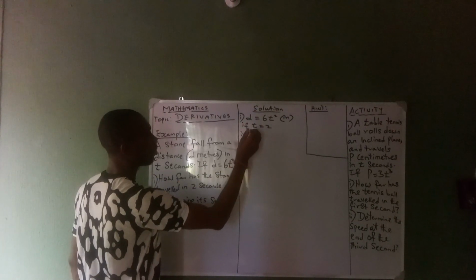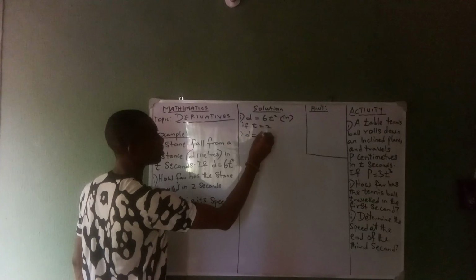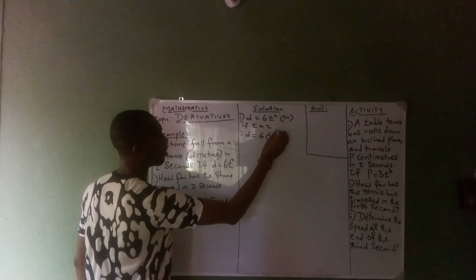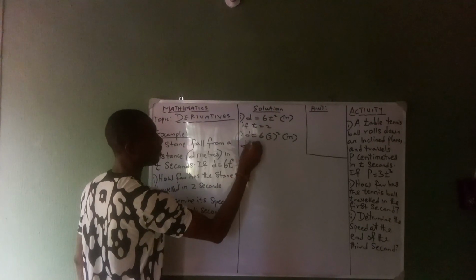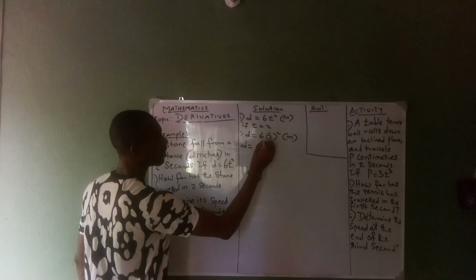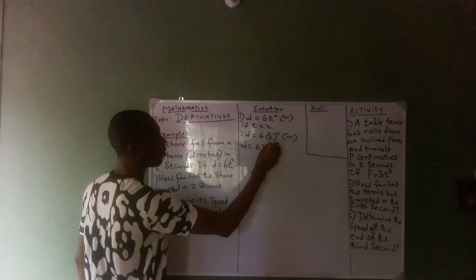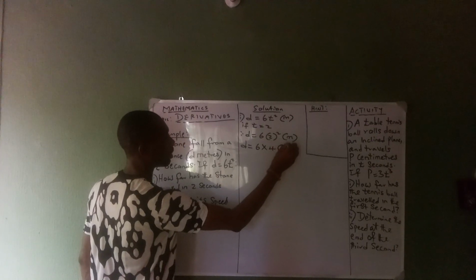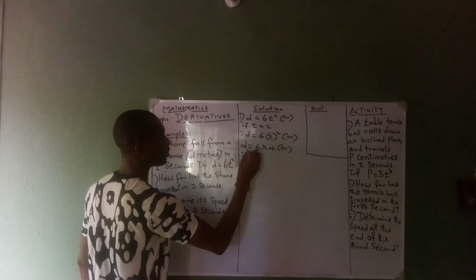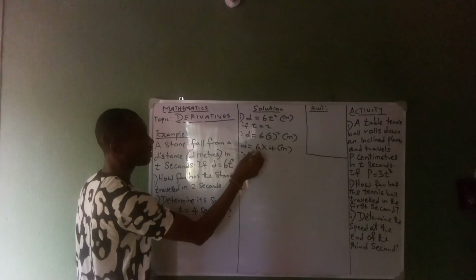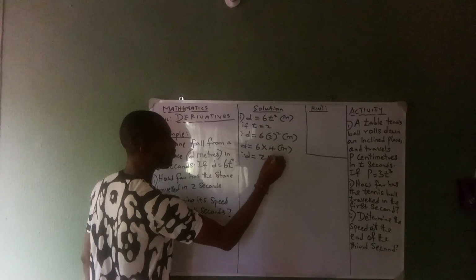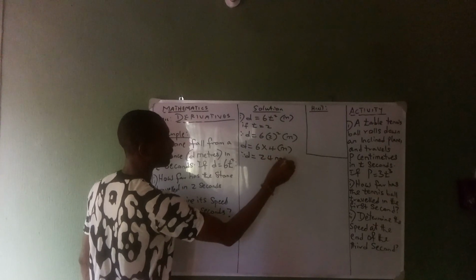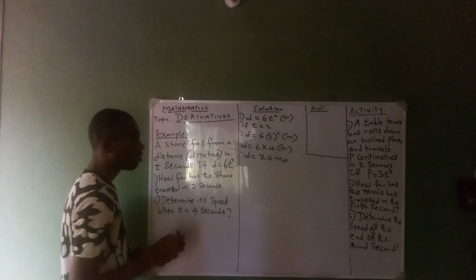So therefore our d is equal to 6 times 2 squared in meters. So d is equal to 6 times the square of 2, which is 4, in meters. Therefore d is equal to 6 times 4, which gives us 24 meters. So the distance is 24 meters.